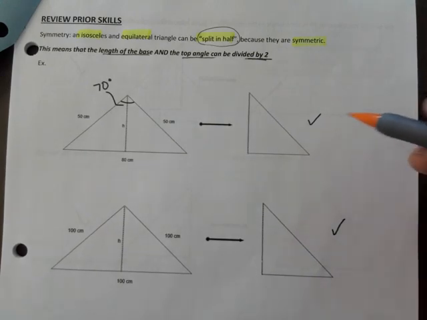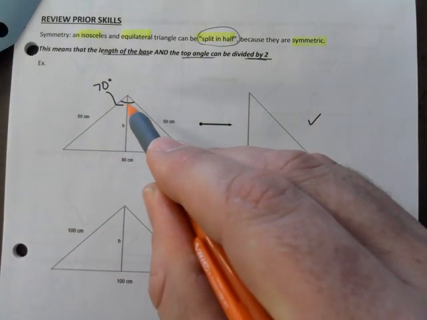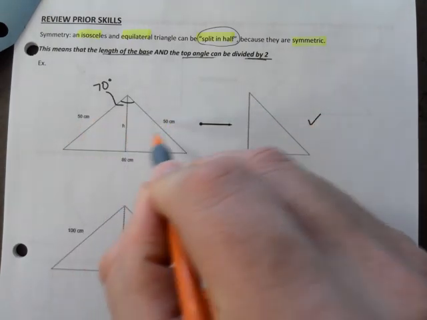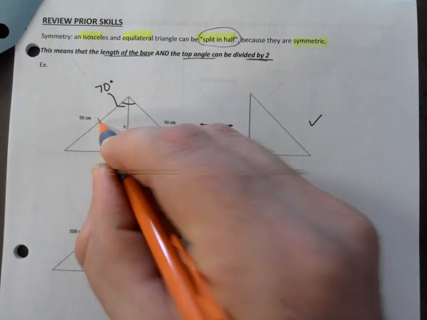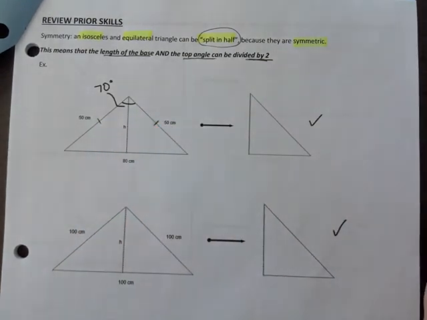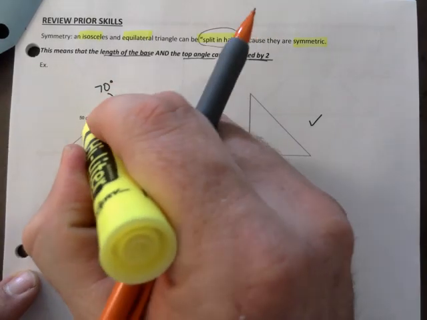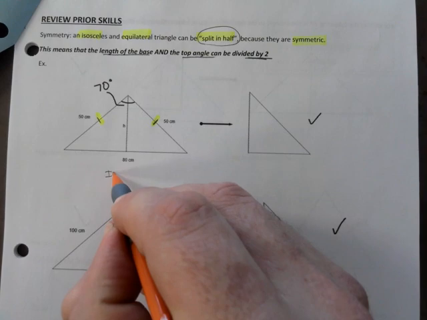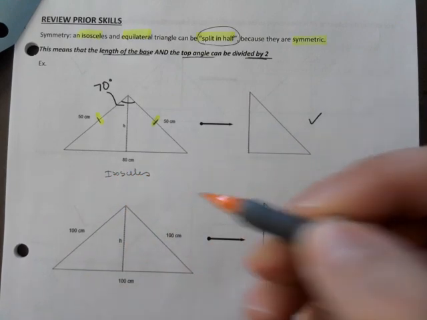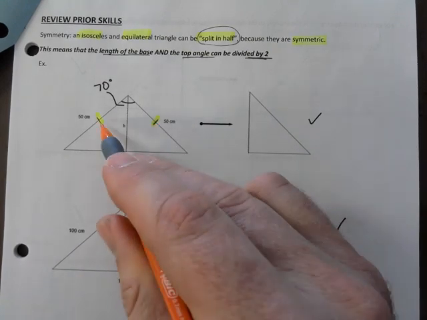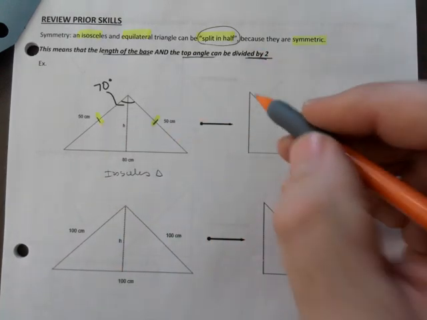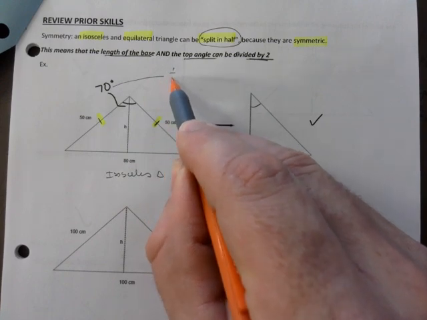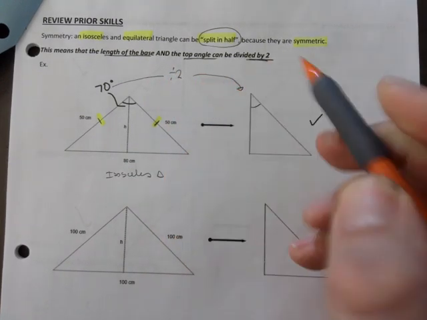So for example, you see this, right? Follow me, please. You see this, you're like, oh, I just have numbers here. This is the same as that. So let's follow it up with some markings here, right? I put markings there. And so right away, I know this is an isosceles triangle because of that. So I can take the 70, split it in half, and come up with 35.